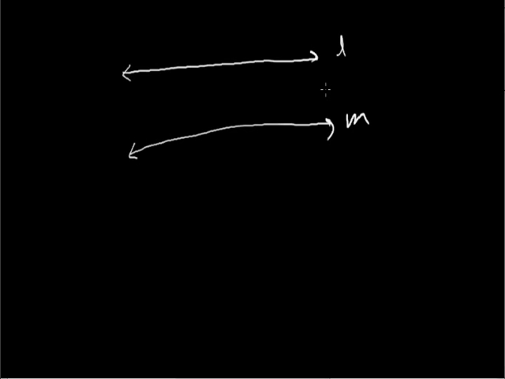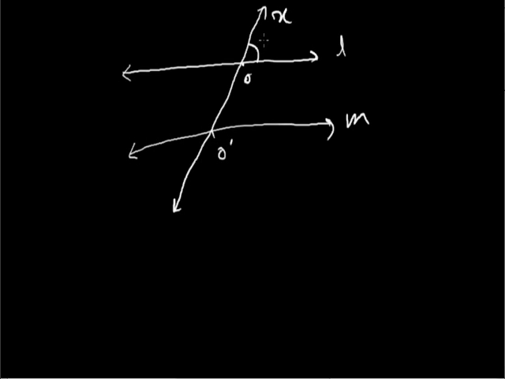Let us visualize corresponding angles with the help of a diagram. Suppose these are two lines L and M, and this is a transversal line X intersecting lines L and M at two distinct points O and O dash.